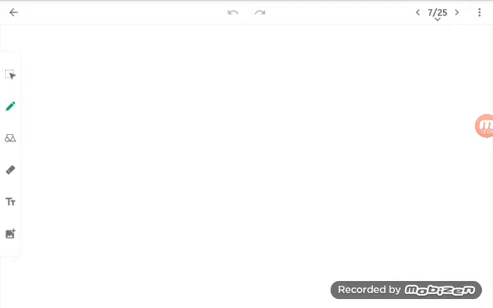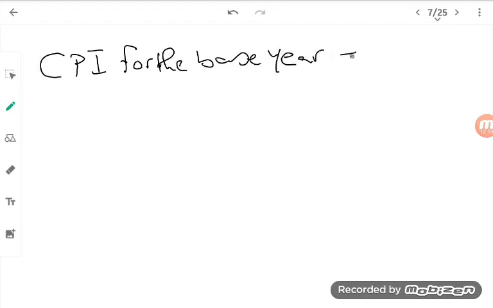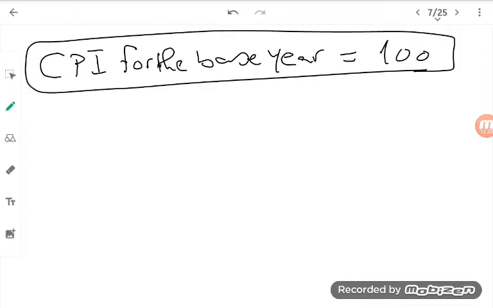As with the GDP deflator, CPI for the base year is 100. Say, for example, CPI in 1984 is 100. This means that 1984 is the base year.